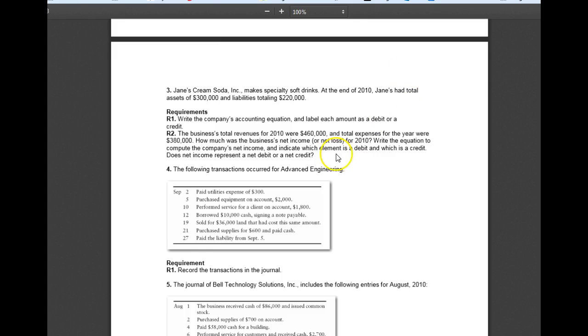We're going to look at a company's accounting equation, and it gives you the numbers. At the end of the year, Jane has total assets of $300,000 and liabilities of $220,000.